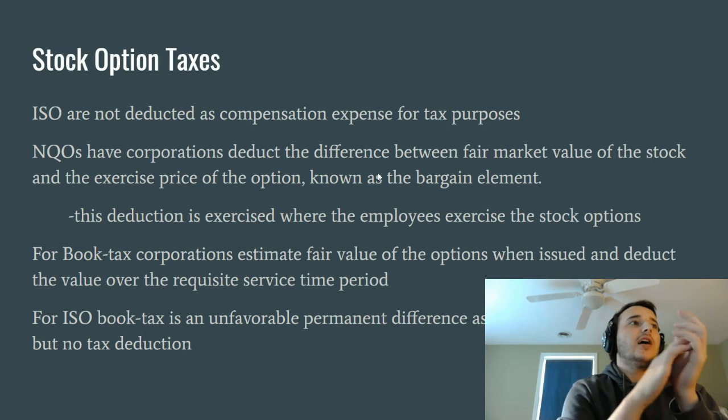And for ISOs, the book tax is an unfavorable permanent difference, as there is a book deduction, but there is no tax deduction.